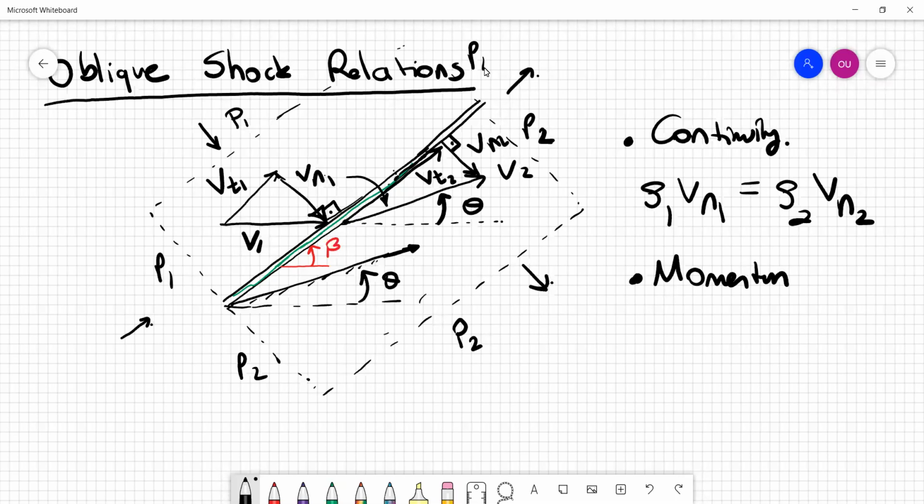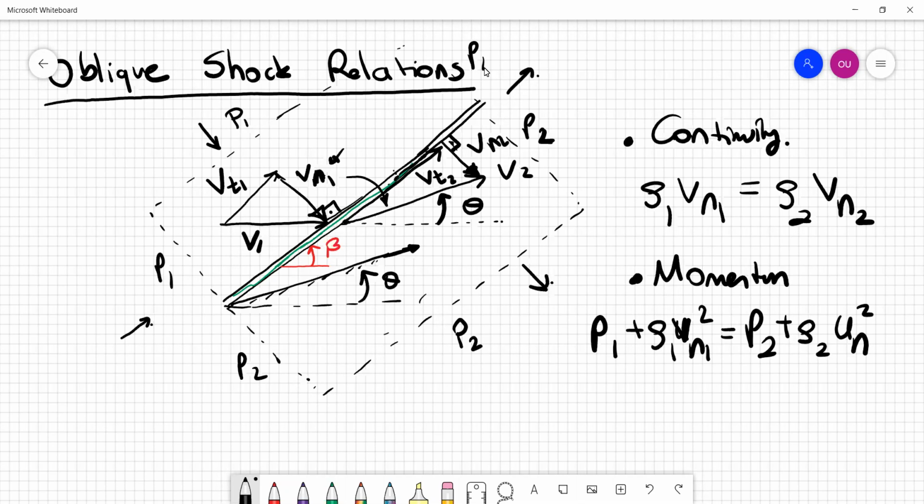That sudden reduction in momentum occurs mainly in the normal direction as well, because whatever normal velocity component we have here, it will feel that deceleration, because the oblique shock wave will act to decelerate, to reduce the momentum of the flow in the normal direction. So we use the same equation here, P1 plus rho 1 Vn1 squared, so the normal velocity, and that momentum balance should be satisfied in the normal direction as well.